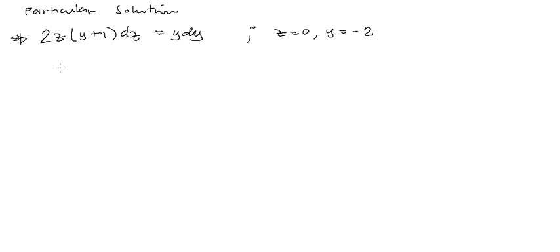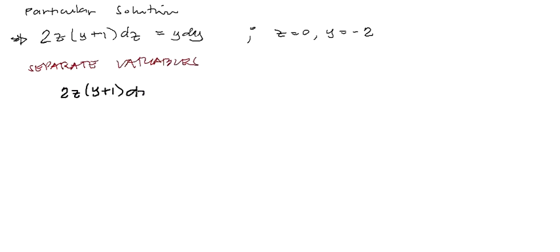Okay, so first is to separate the variables. Then by doing that, we need to do some algebra here. Our 2z (y plus 1) dz is equal to y dy.